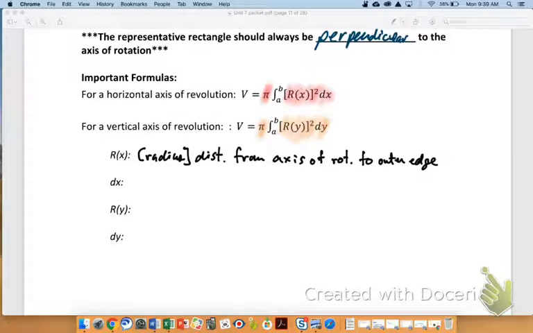Distance from axis of rotation to the outer edge. dx is the thickness of the disk. And really, honestly, r of y and dy are the exact same things. They would just be in terms of y instead of being in terms of x.